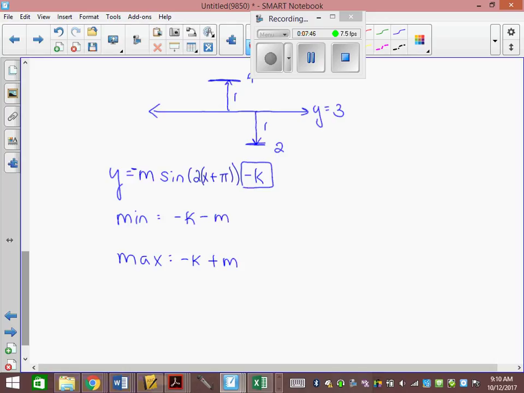So what's my range? Well, I can do it in 2 ways. I can go min, like this, to max. Or I could do y such that negative k minus m is less than or equal to y is less than or equal to negative k plus m.